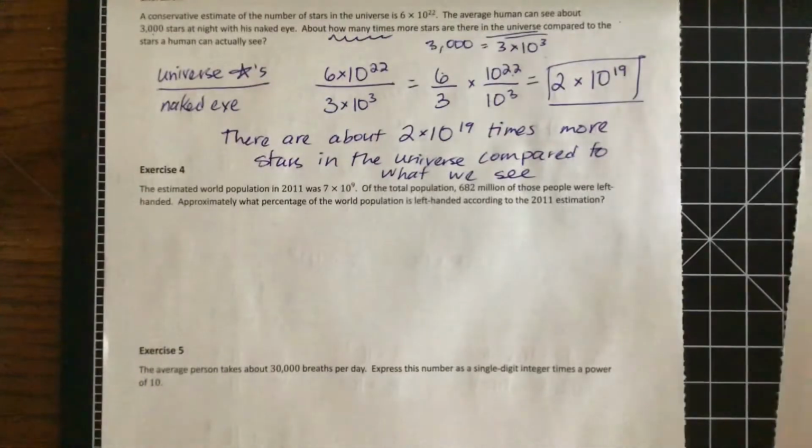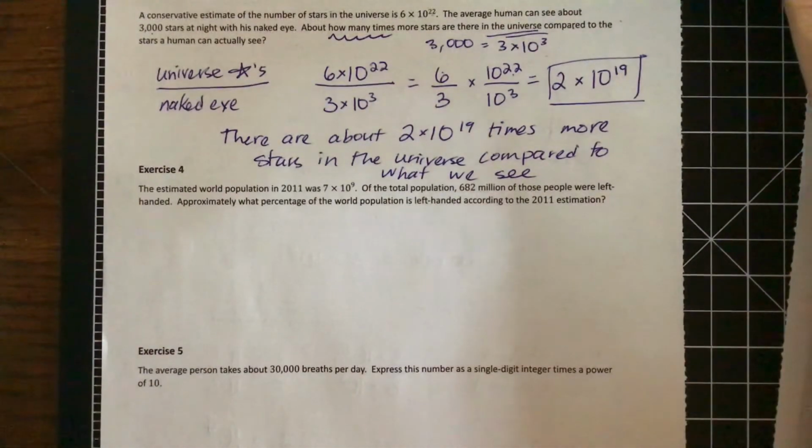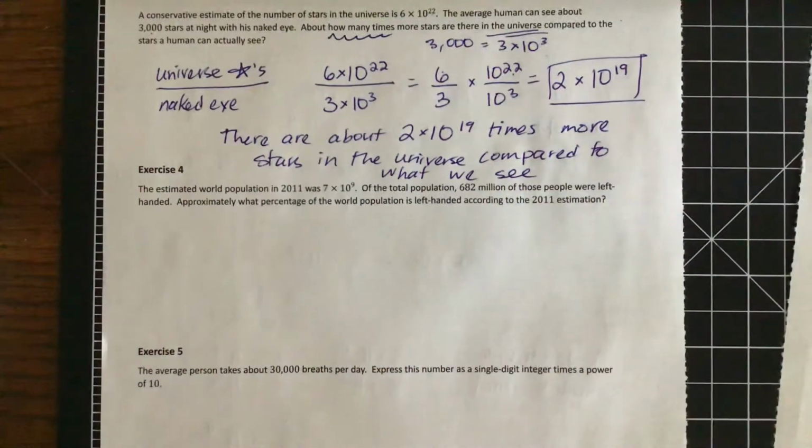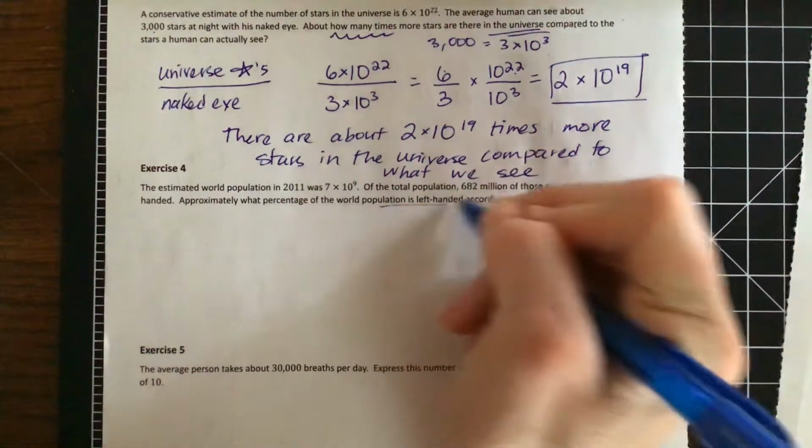Then we have exercise 4, which is the estimated world population in 2011 was 7 times 10 to the 9th power. Of the total population, 682 million of those people were left-handed. Approximately what percentage of the world population is left-handed?